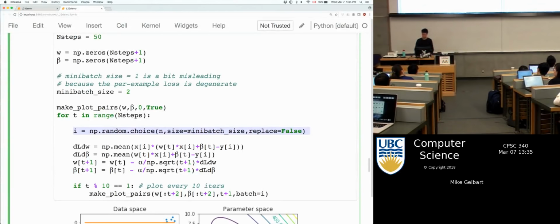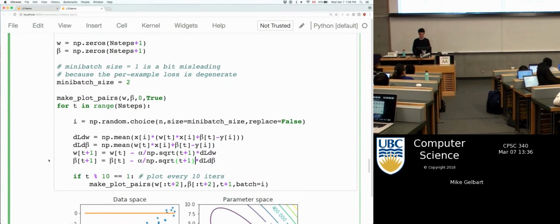And then I'm just doing the exact same thing, getting the gradients. In this case I'm doing alpha over square root t, so I'm decreasing alpha over time with 1 over square root t. I guess 1 over t would be a little more correct, but what can you do? And then I'm plotting every 10 iterations.